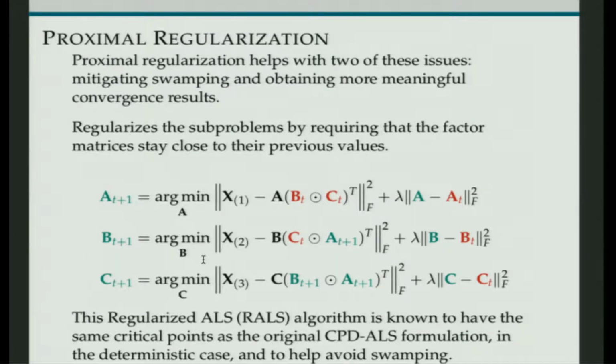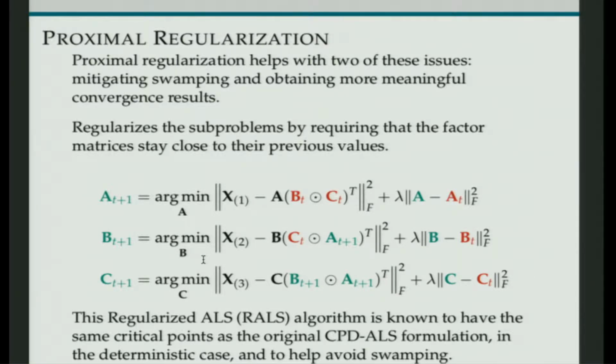Okay, so proximal regularization helps with both of these issues. It helps to mitigate swamping, and it also allows us to get meaningful convergence results. So what is proximal regularization? You just regularize the subproblems by requiring that when I update the factor matrices, I stay close to the previous factor matrices.